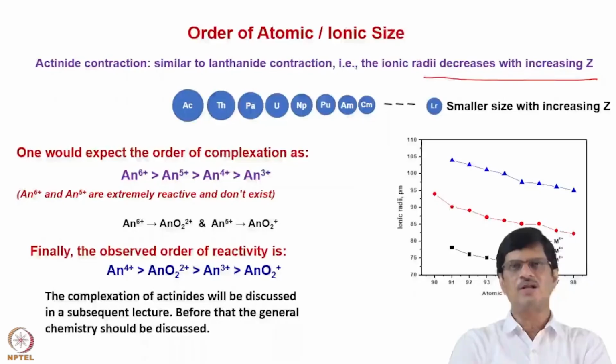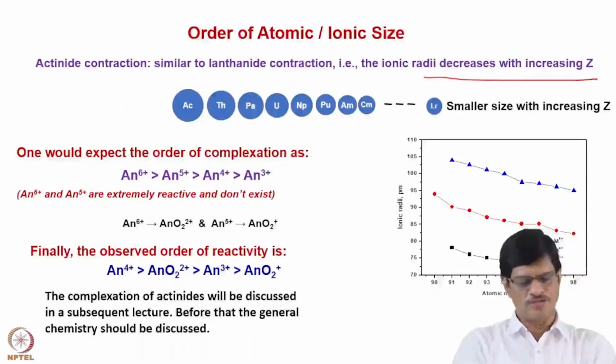Now, this is similar to the lanthanide contraction, and it has a great significance in complexation. That means the heavier actinide will form a stronger complex compared to the lighter actinide. So this is what will be discussed in the subsequent part of this lecture.